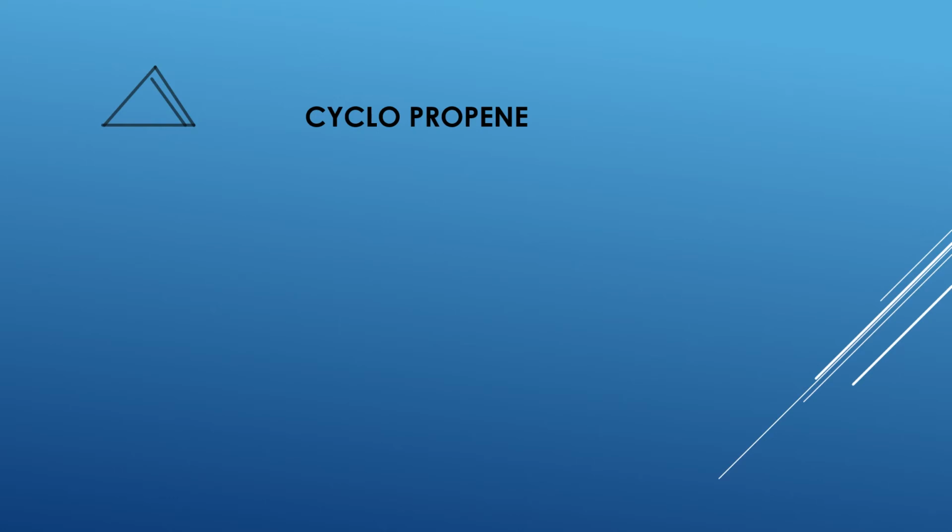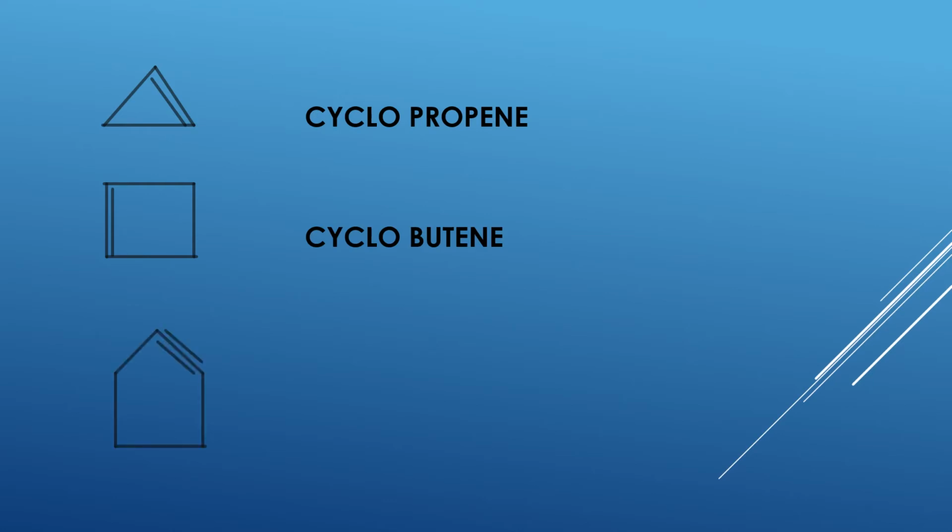Then this one, cyclopropene. 3 carbons are there, a double bond is there. Then what about this? Cyclobutene. No need to mention the locant because from anywhere you count it will become 1 only, because wherever the double bond is, that carbon should be given the least number, no? Cyclopentyne, 5 carbons are there, triple bond is there.